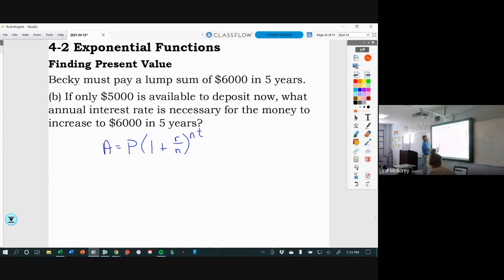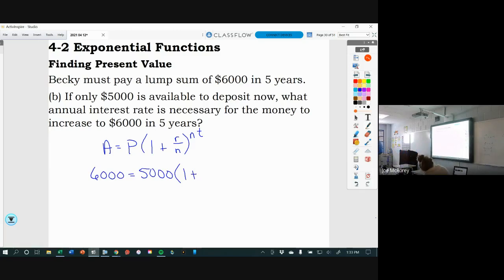A, how much do we want to have? 6,000 equals P, how much do we have? 5,000 times 1 plus. Okay, do we know the interest rate?